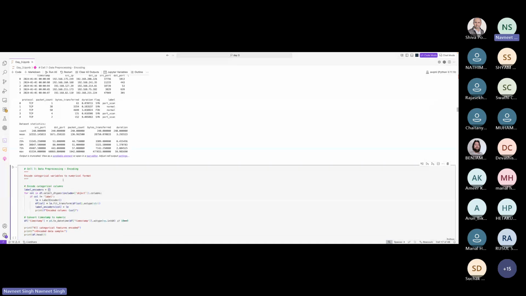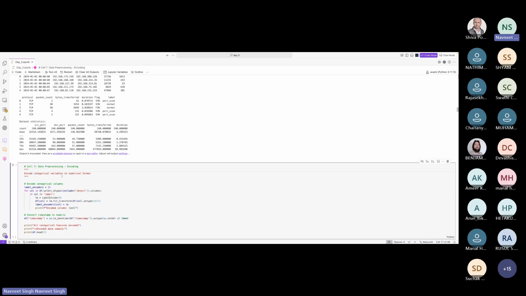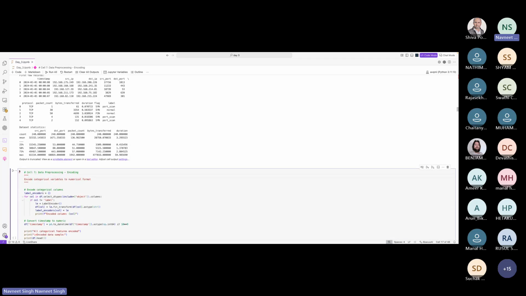Here we are encoding. This is not the encoding which we previously discussed. This is how to convert different types of data into numerical format. So this seventh cell is doing that only.